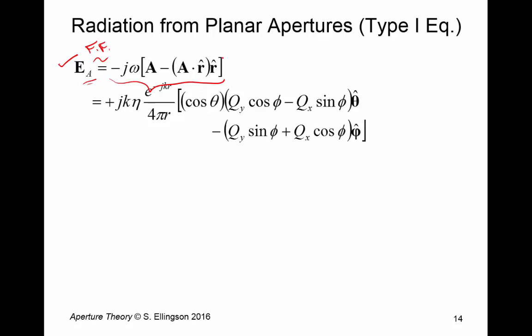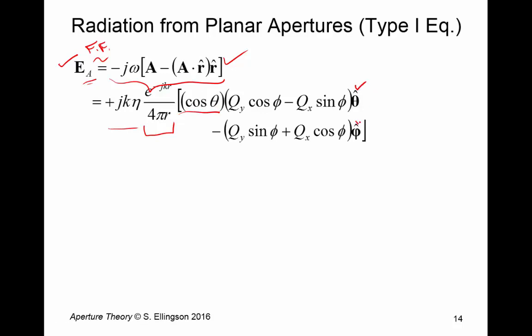When you take this expression and evaluate it out, using the expressions I've worked out in the previous slides, you find that the electric field intensity due to that equivalent electric current is plus jk eta. There's our spherical wave component. We get a cosine theta, and then we get this stuff.